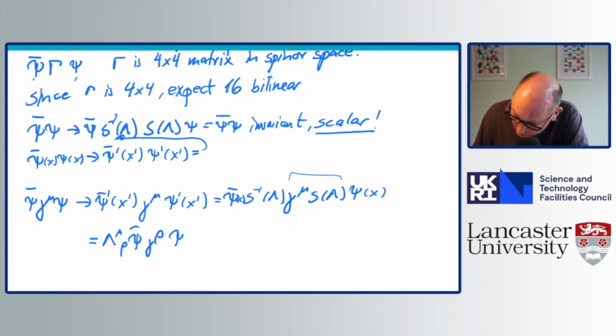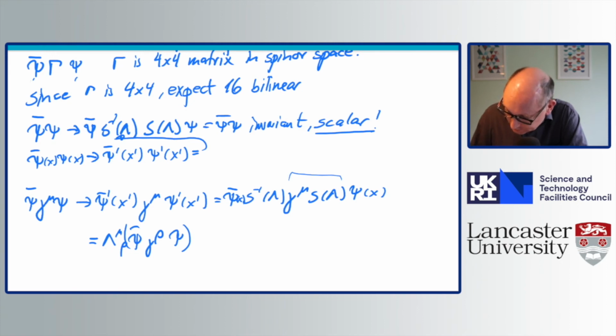So this here is how we would expect a vector to behave. This describes exactly the Lorentz transformation properties of a vector. So when we go from the S to S' coordinate system, ψ̄ γ^μ ψ transforms exactly like a vector does under the influence of Λ^μ_ρ.